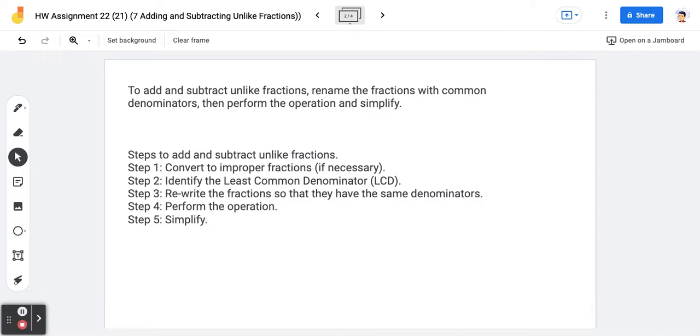Step 3, we're going to rewrite the fractions so that they have the same denominators. Once we find that least common denominator, we're going to multiply our top and bottom of the fractions by a value to make those denominators the same. Step 4, we're going to perform the operation. Step 5, we're going to simplify.